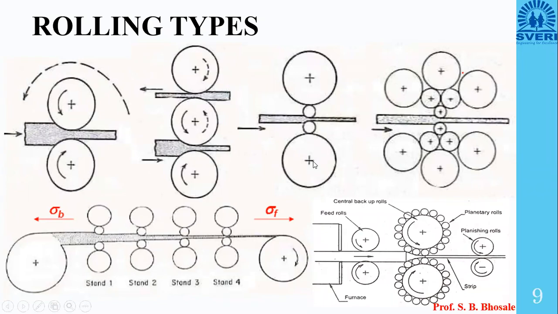These big rollers provide good support to the actual small rollers, and because of the small rollers the roll separating pressure is less in the four high rolling mill as compared to the two high rolling mill.